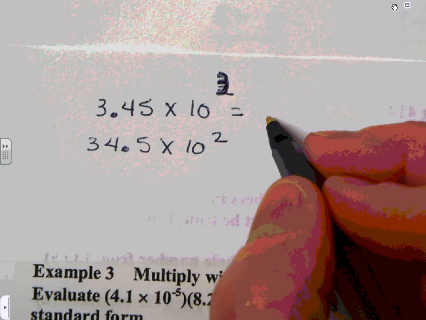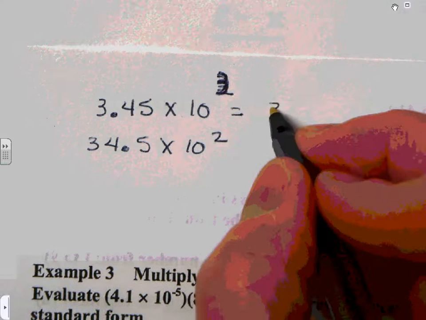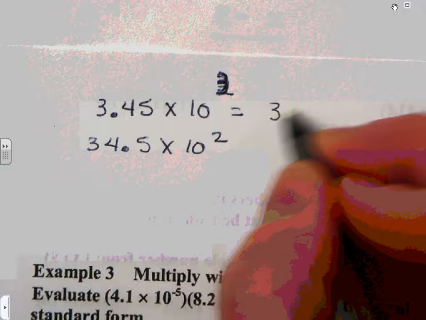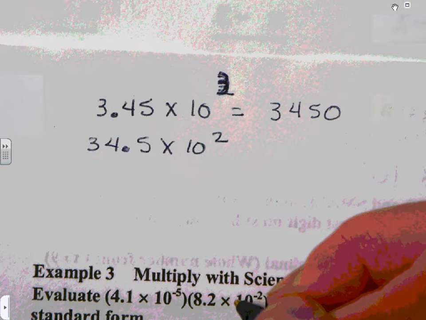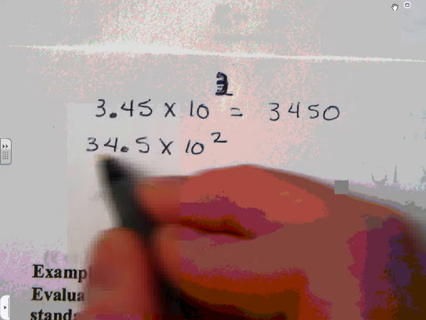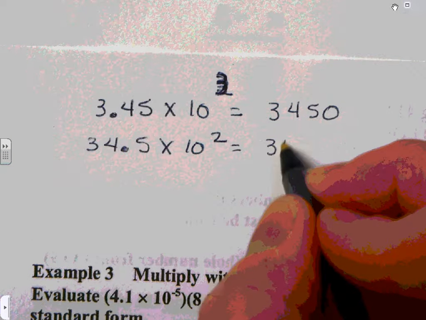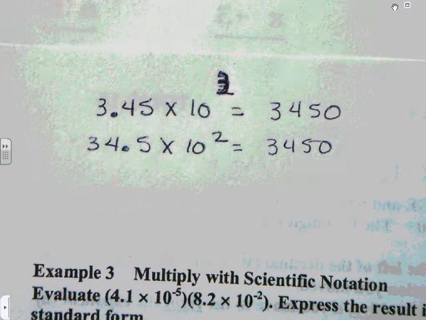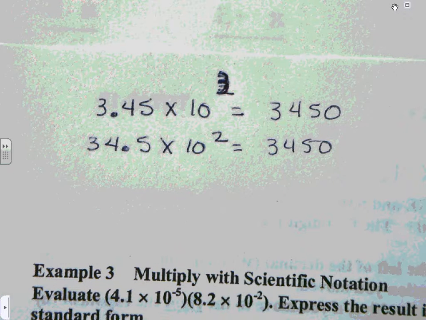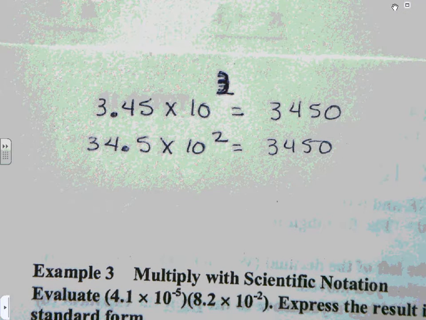I want you, if you would please, to calculate each of these numbers. What is 3.45 times 10 to the third? 3,450. Okay? And what is 34.5 times 10 squared? Okay. Please notice, their overall value is exactly the same, right?